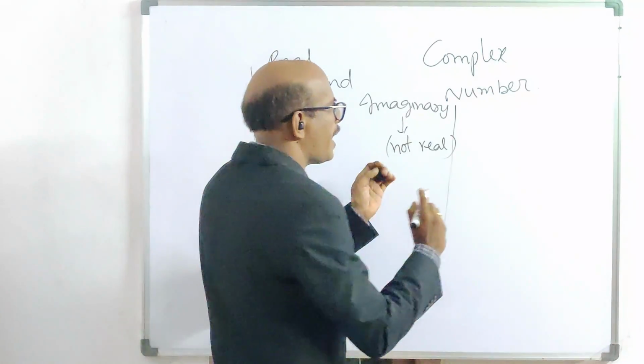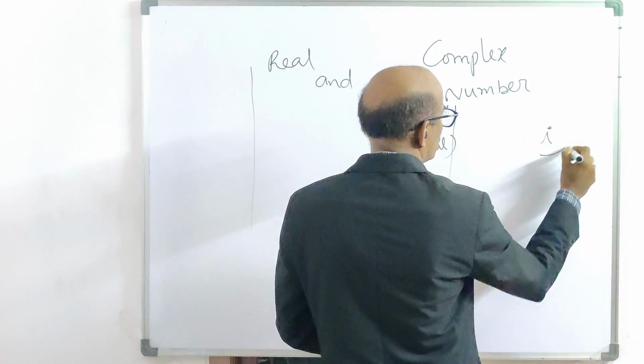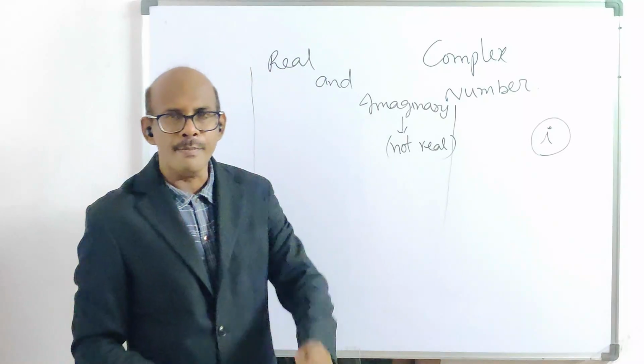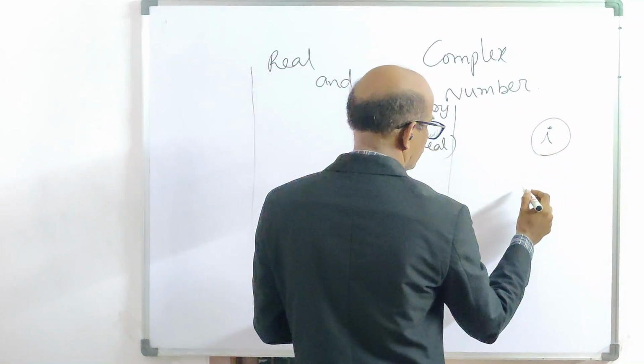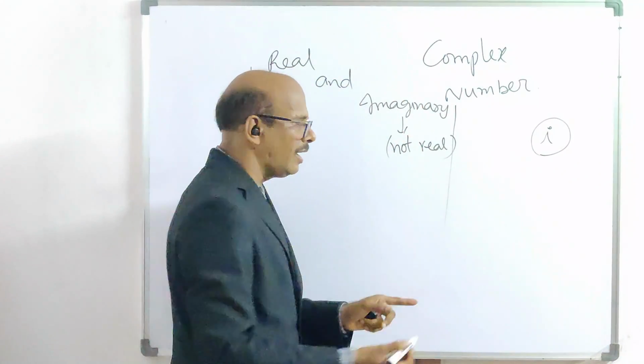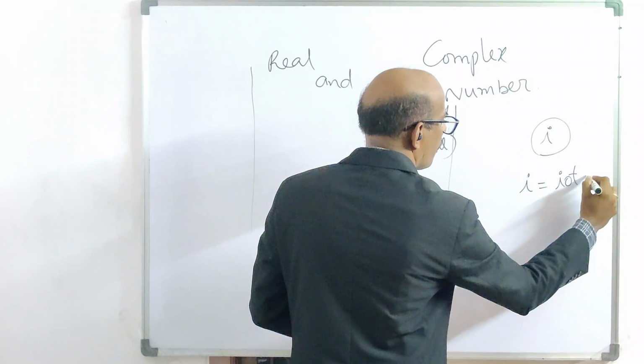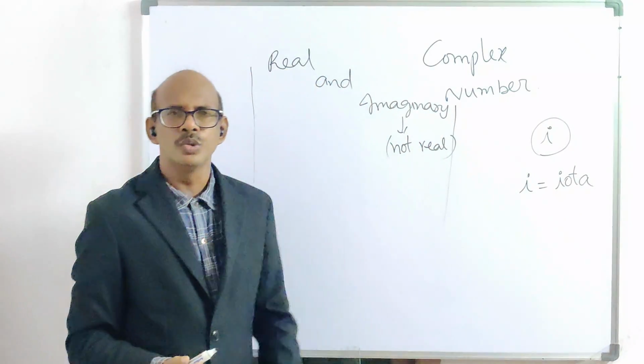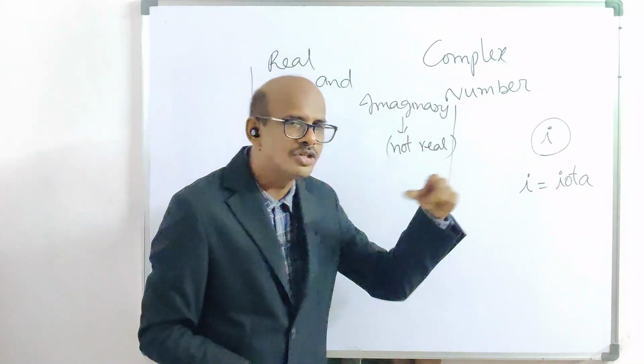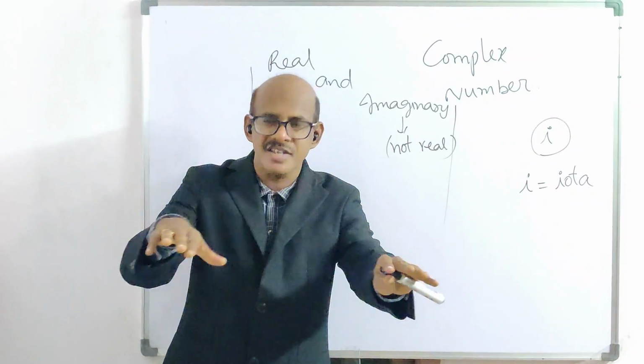But there is a special symbol throughout this chapter. The symbol is the letter, not symbol, better to call it a letter. i is called iota. Not positive, not negative, not zero. It is not in the real system.